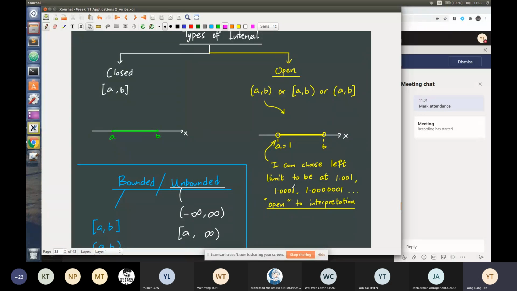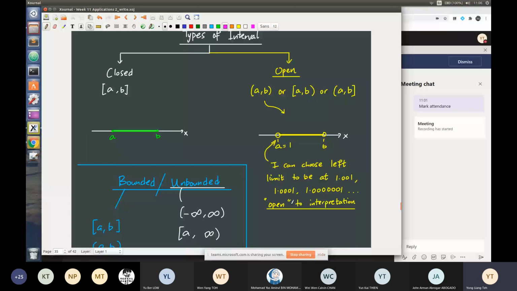Therefore, there is no definite value that you can choose for this open limit. Hence, this type of interval is considered open. You can have a mnemonic for this: open to interpretation.